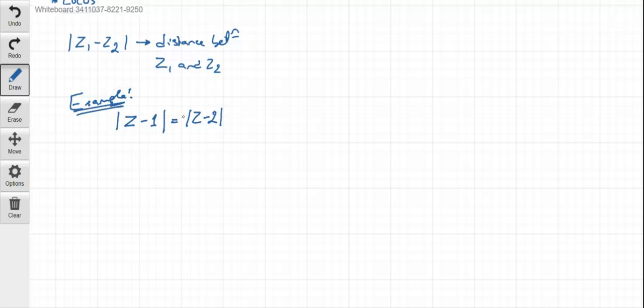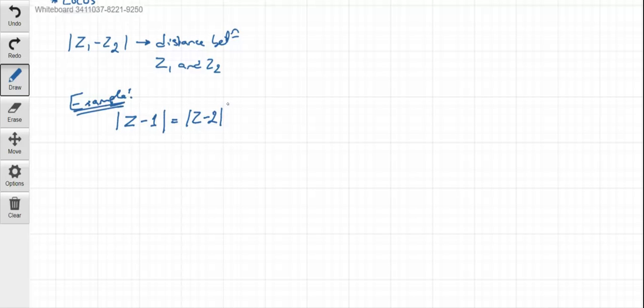I want you to just pause and think about what this particular equation means in literal terms. The modulus of z minus 1 equals the modulus of z minus 2, where z is a missing complex number, and we really don't know where z possibly is. So take a moment and think about this.